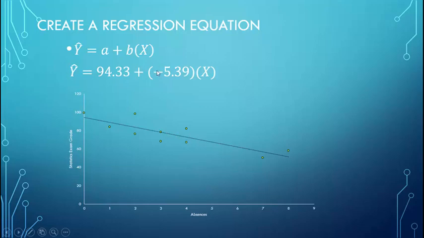And if this was positive, that would mean that for every one you go up on the x-axis, you go up on the y variable as well. But this is a negative correlation. 94.33 is where this line crosses the y-axis. So when x is 0, if you missed 0 classes, our best prediction of your statistics exam grade would be 94.33.